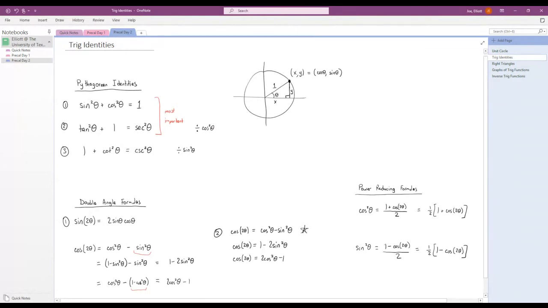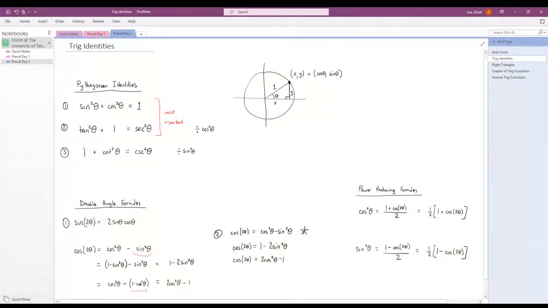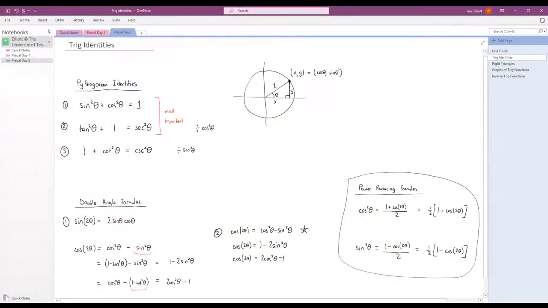Yeah, so let me try to illustrate with at least one example of using these identities to actually do something. These are the power reducing formulas over here. The reason they're called power reducing is you go from cosine being squared to cosine not being squared, so the power is going down by 1 when you use the formula.